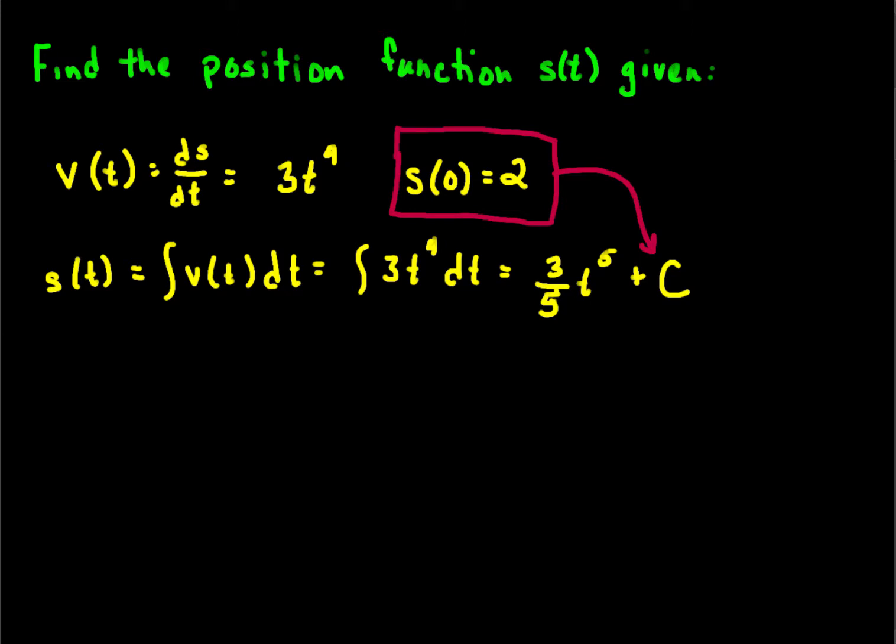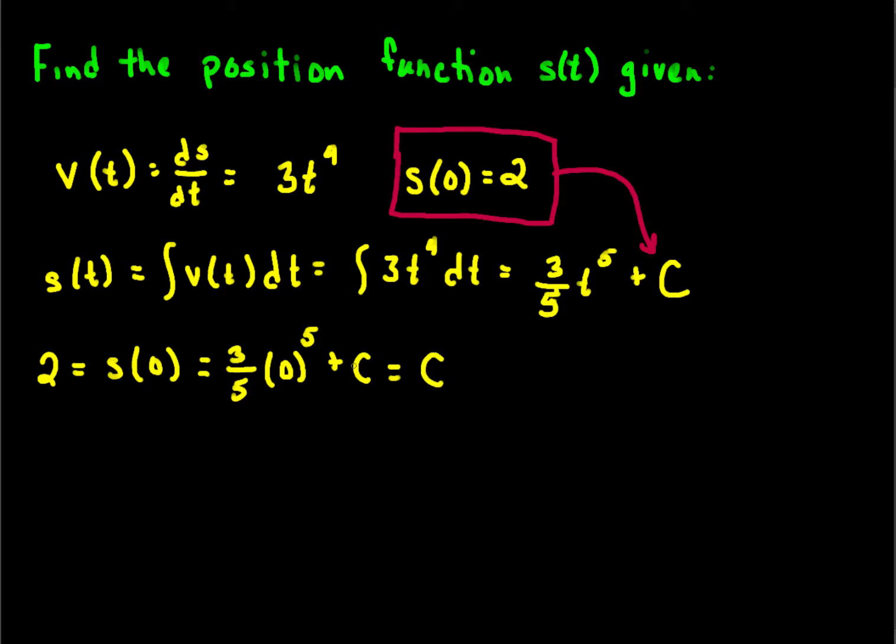What is its value? Because we know that 2 has to equal s of 0, and we have now a function for s of 0, namely 3/5 t to the fifth, and so this will be 3/5 times 0 to the fifth plus that constant. Well, that's just 0, so this is the constant.